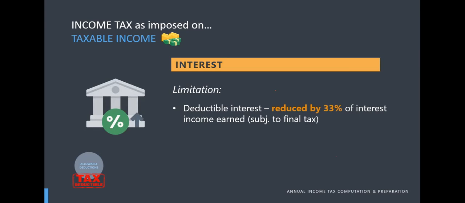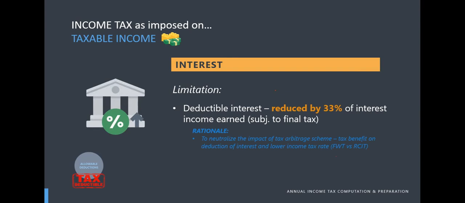So what is the rationale? Why do we have this kind of limitation? So this is to neutralize the impact of tax arbitrage scheme. This is where the taxpayer is having a tax benefit on deduction of interest and lower income tax rate.